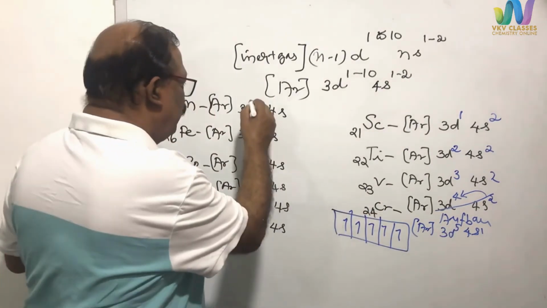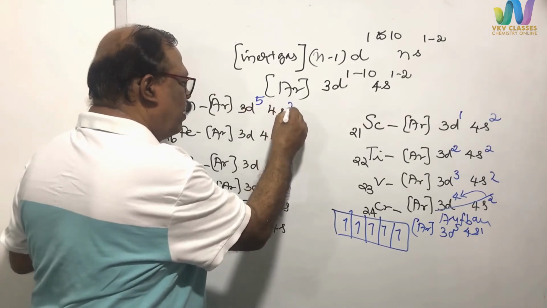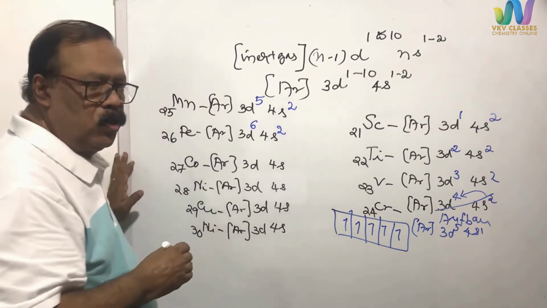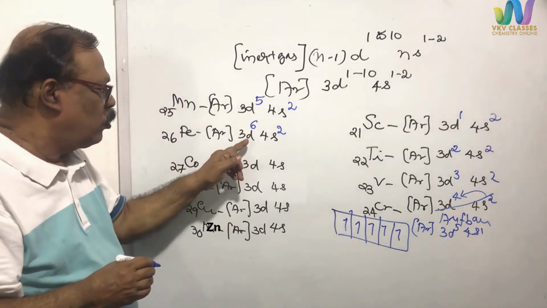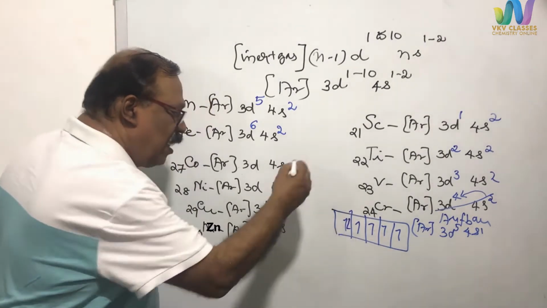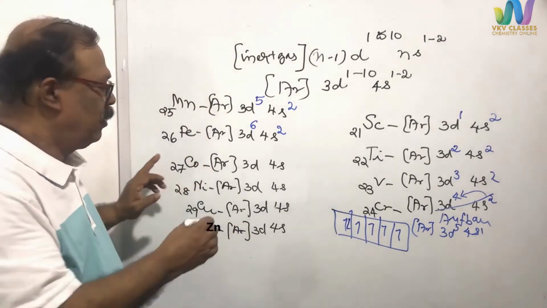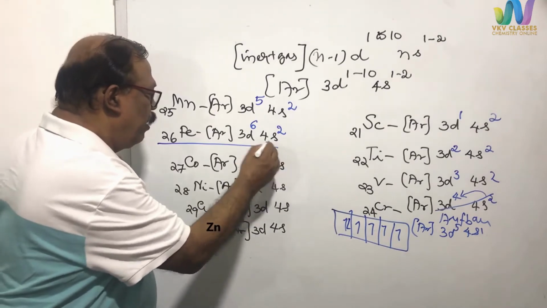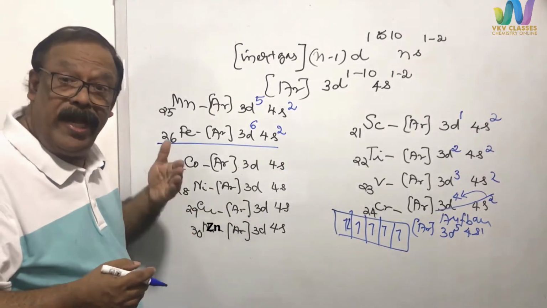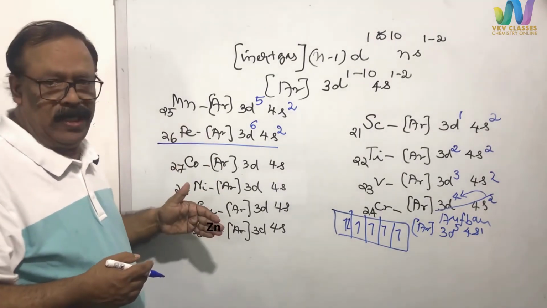In manganese, there will be 3d5 4s2, and here 6, 4s2. So iron has 6 electrons in the d orbital, and pairing of electrons starts from iron. So from here only pairing of d electrons starts.